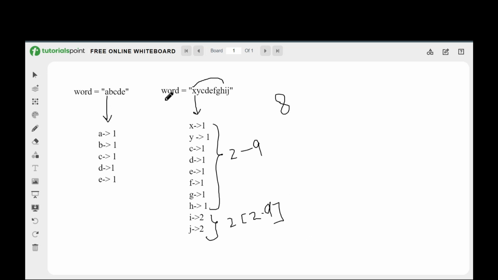So the logic behind this is that we will be dividing this word into batches of 8 characters. How are we going to find that? Let's suppose the length of this string is n. If we take n divided by 8, we get the number of times the length of this word gets divided by 8, so that many groups I can form, plus any remainder.